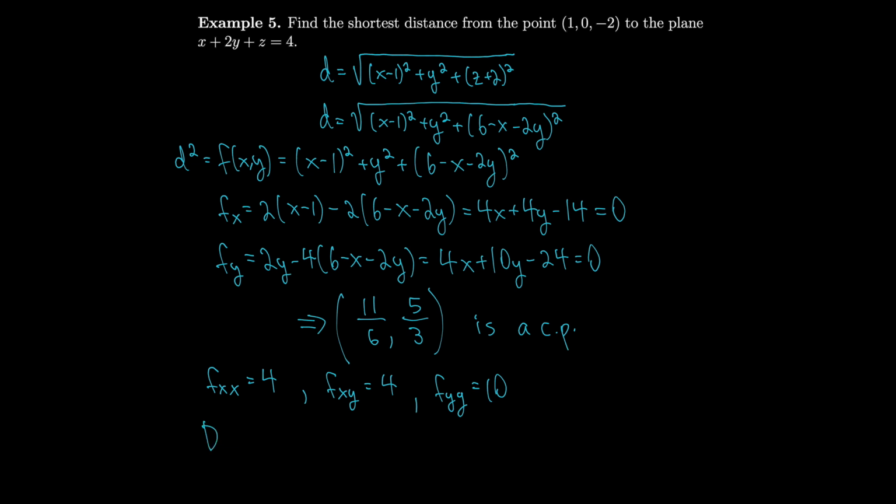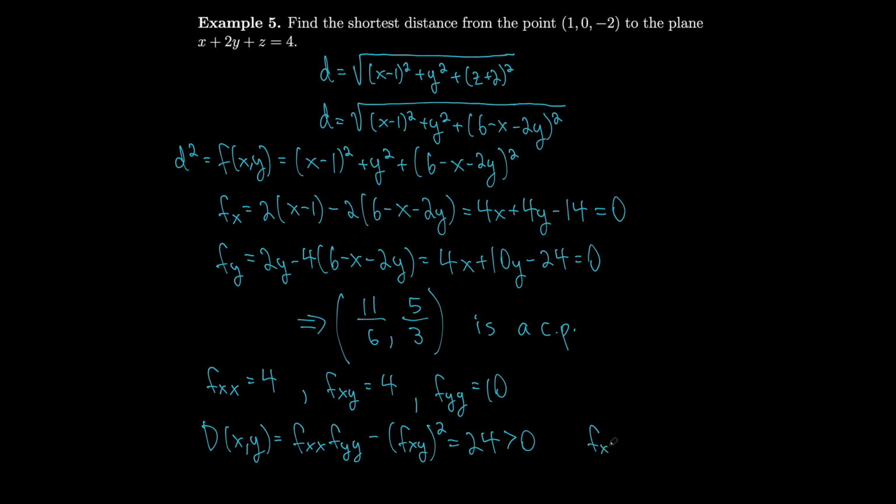So we look at the determinant of our Hessian, and we get that that's fxx minus, or sorry, I have to multiply first, fxx times fyy minus fxy squared. So that's 24, which is positive.